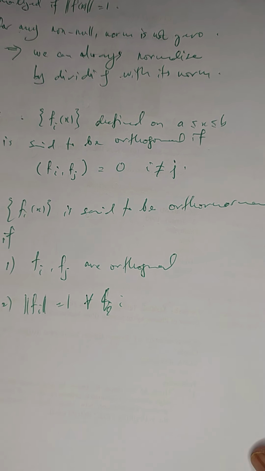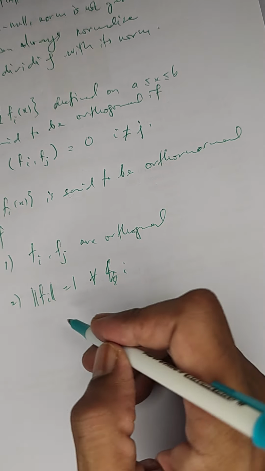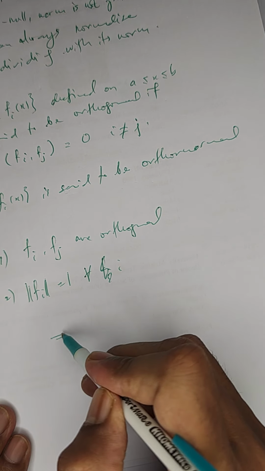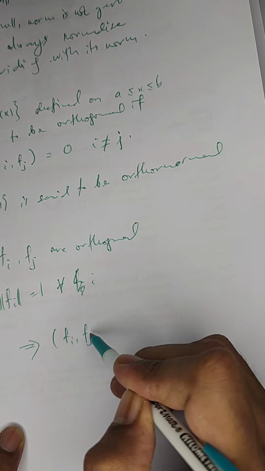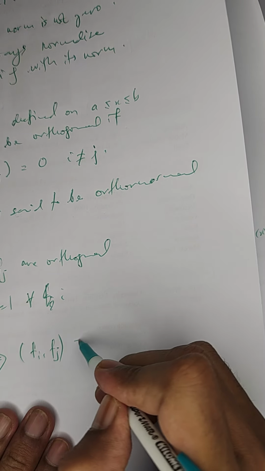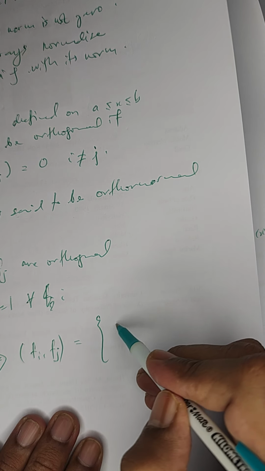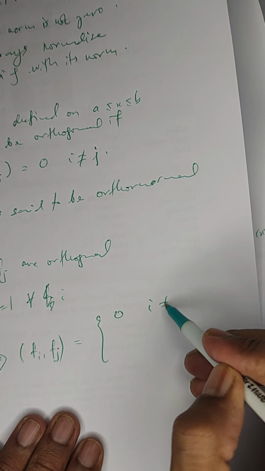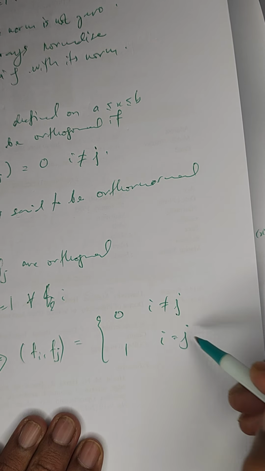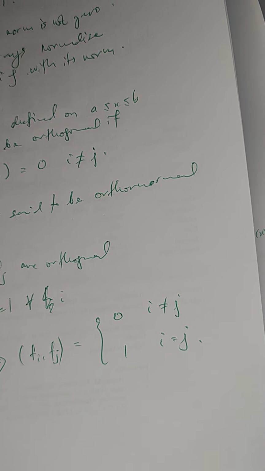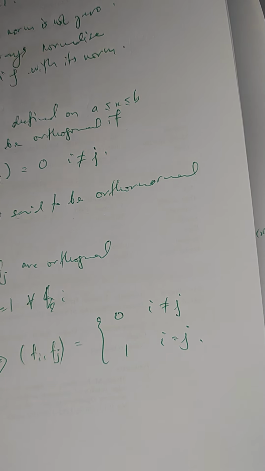In other words, the inner product of f_i and f_j is 0 for i different than j, and gives you 1 if i equals j. We call the set orthonormal.